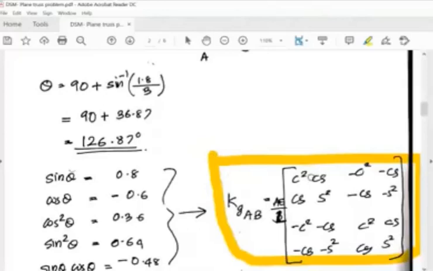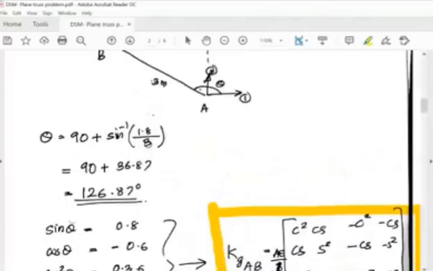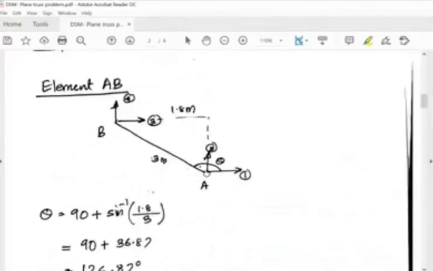For that you require theta. Theta is the angle that the axis of this member makes with the global x-axis. You have to find the angle that the axis of this member makes with the global x-axis in the anti-clockwise direction.